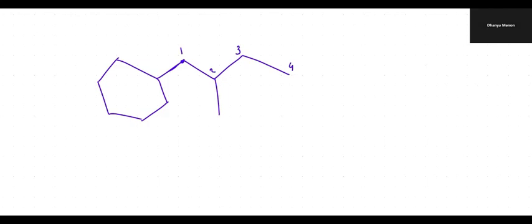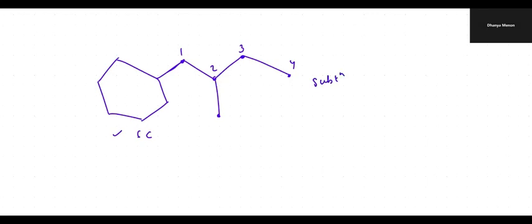First, choosing the main chain. If you're choosing the root chain, definitely you will go with this because there are 6 carbon atoms here. But what about this? This has 1, 2, 3, 4. This is 1 carbon, this is another carbon, this is another carbon. There are 4 carbon atoms. So definitely this is the substituent.